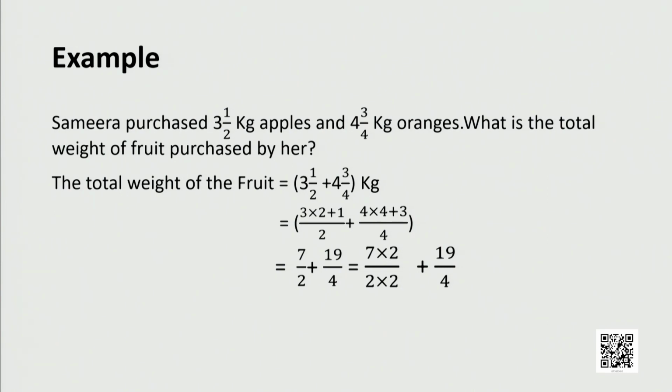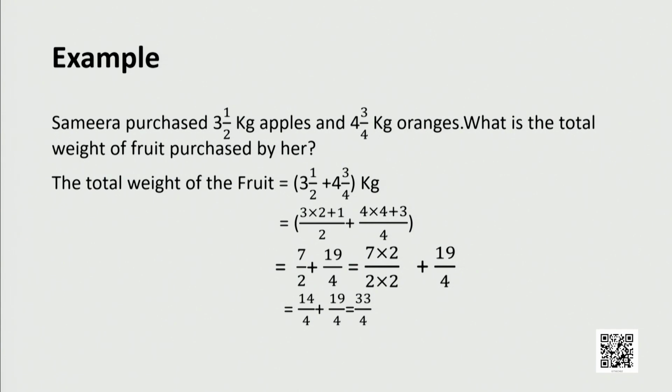Now 7 over 2 and 19 over 4, these are not like fractions. Why are they not like fractions? Because the denominators are different. So how to make the denominator the same? You know how to do it. I will take 7 over 2 and multiply the numerator 7 by 2 and the denominator by 2 so that I will get 4 as the denominator.